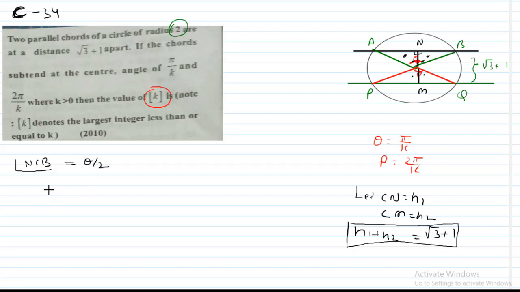From the triangle, cos of theta by 2 equals CN by CB. CN means H1, CB means R, the radius of the circle. H1 equals R cos theta by 2.